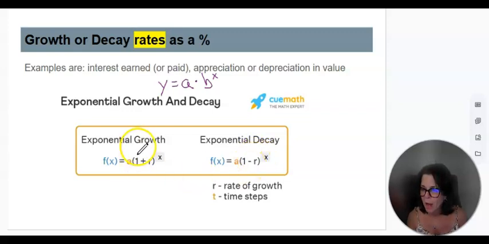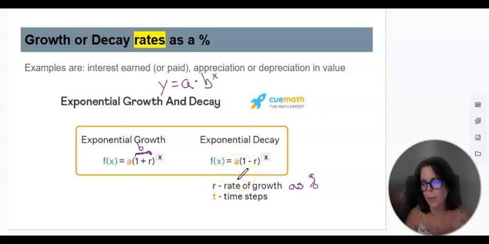So instead of b, notice you have these parentheses. Instead of b, the growth factor, we're using 1 plus r, 1 plus the rate. The rate is a percentage, and we write it as a decimal.